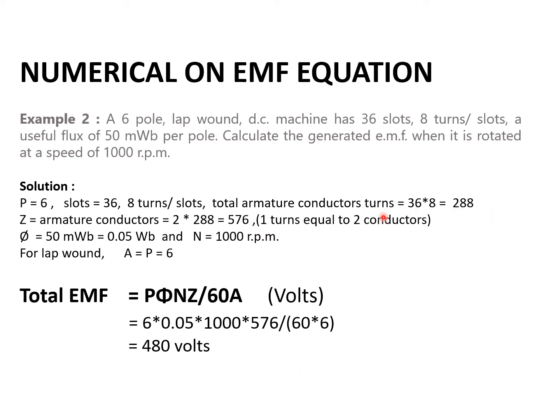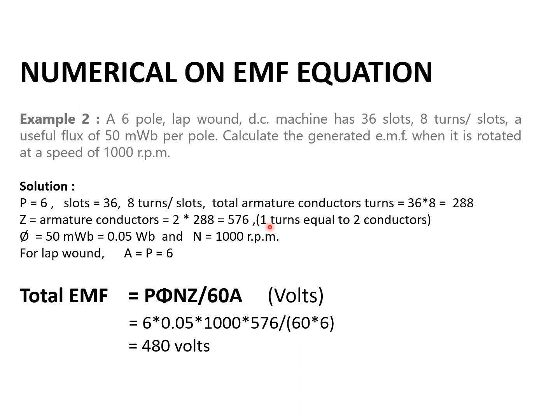And you know that 1 turn equals 2 conductors. So how many conductors? You multiply by 2. Z is the total armature conductors, and conductors equal 2 into the number of turns. So 2 into 288 means 576.